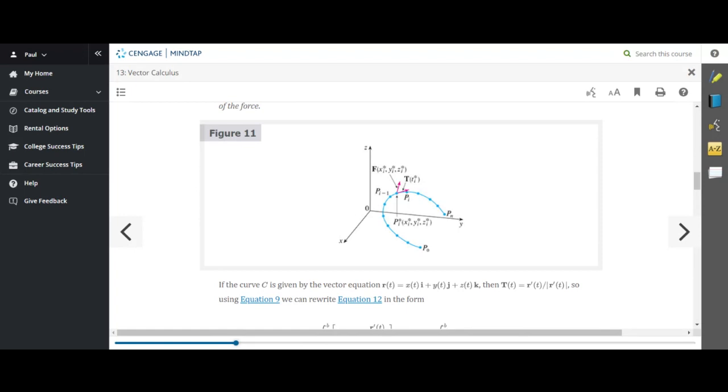So we could take the dot product in figure 11, looking at that point P sub i, of the vector F at that point and the unit tangent vector T, and compute work. But if we want the work that the force field does in moving the particle at that moment on the path, I want to say this the right way.